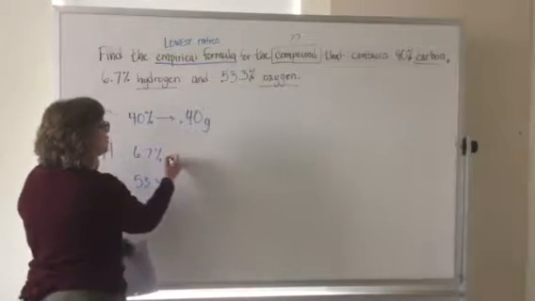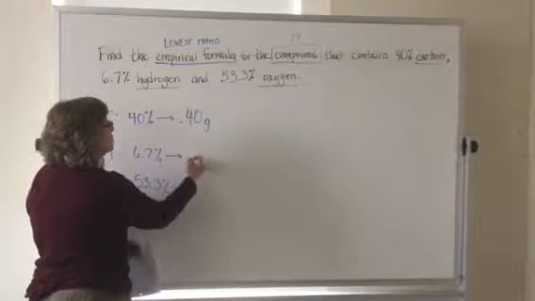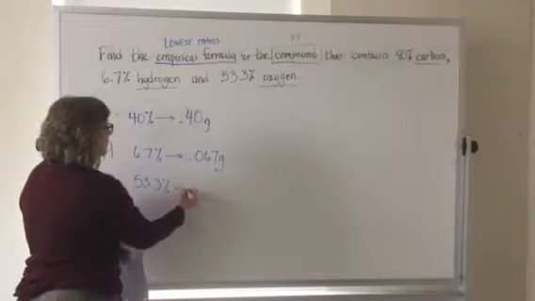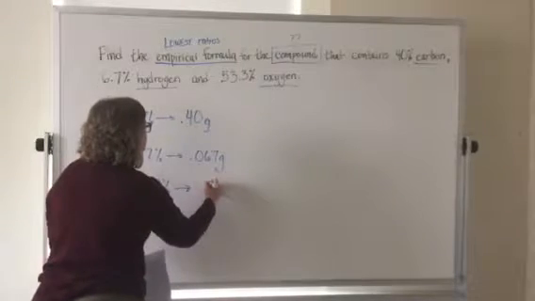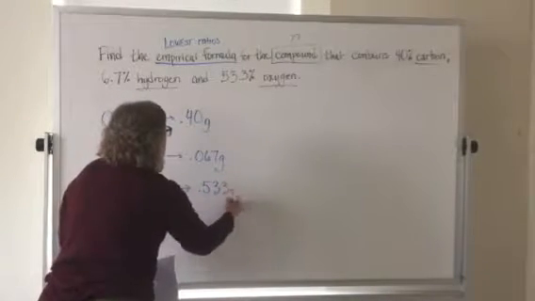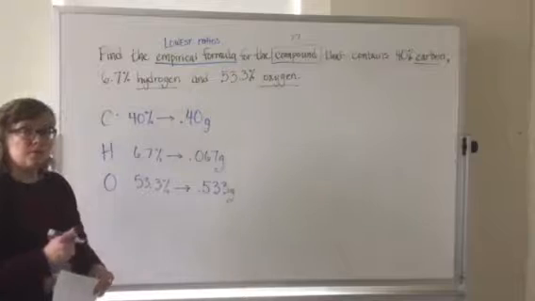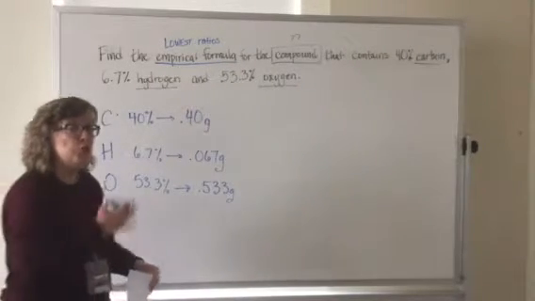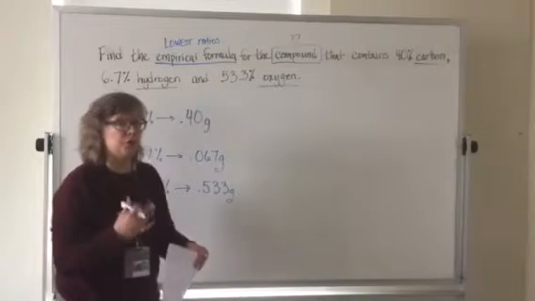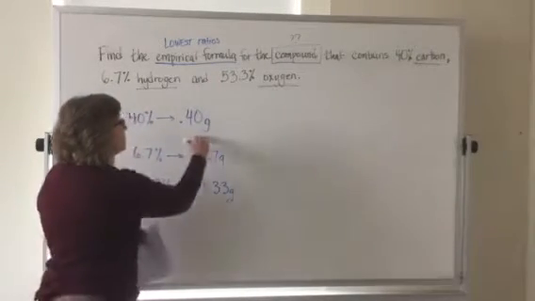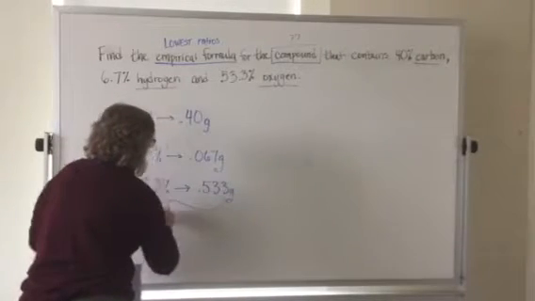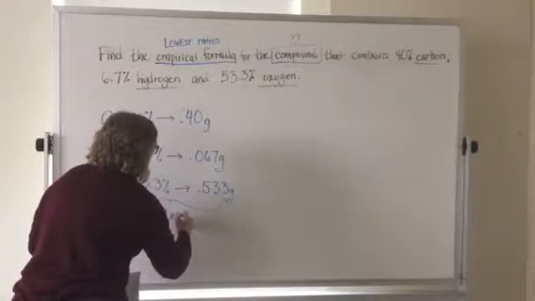So we're just going to convert our percent composition to grams. Easy peasy. Now that we have our grams information, remember, this is where we're going to use some of our newly learned molar conversion work. So I'm given grams here, and that's step 1.